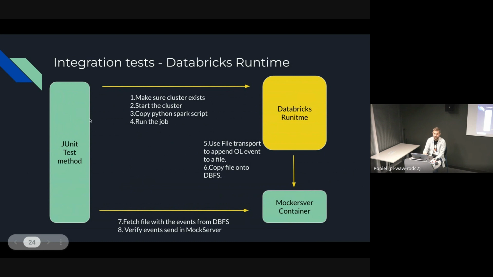So we use this REST API and Java client to make sure the cluster exists, to start the cluster, to make sure it has the OpenLineage jar attached, copy the Python script to the cluster, and run the job, which is the Python script. Once it is running, we use the file transport so that the OpenLineage events are written to a file. And at the end of the job, we copy the file with the events to DBFS, which is the file system that we can access from our JUnit test method.